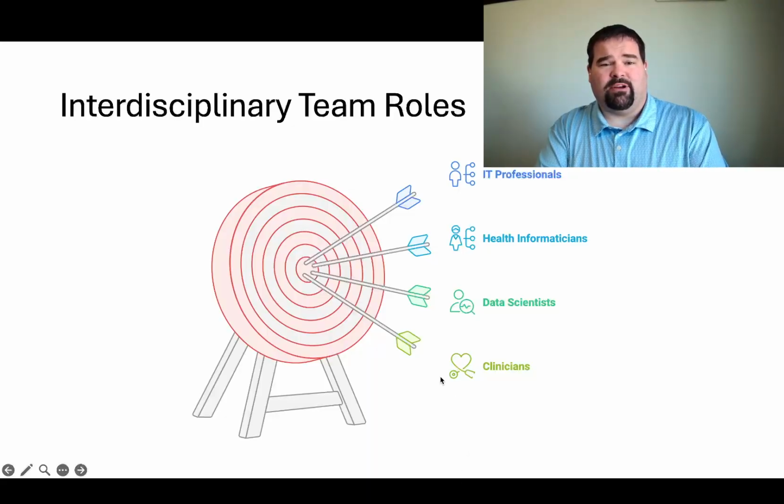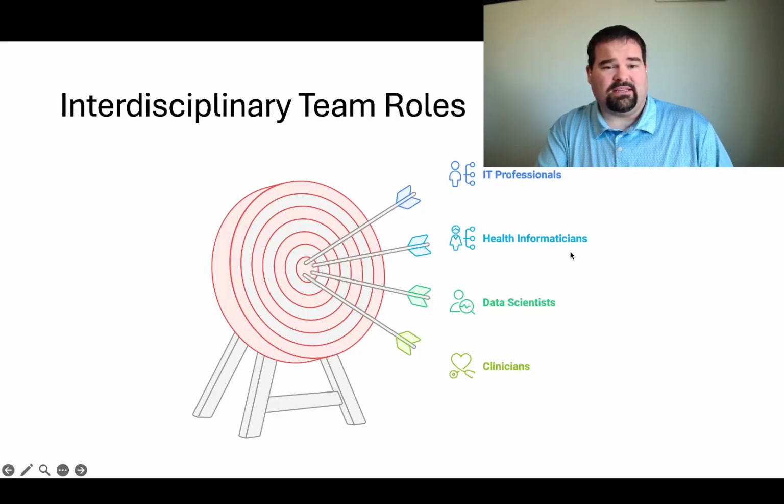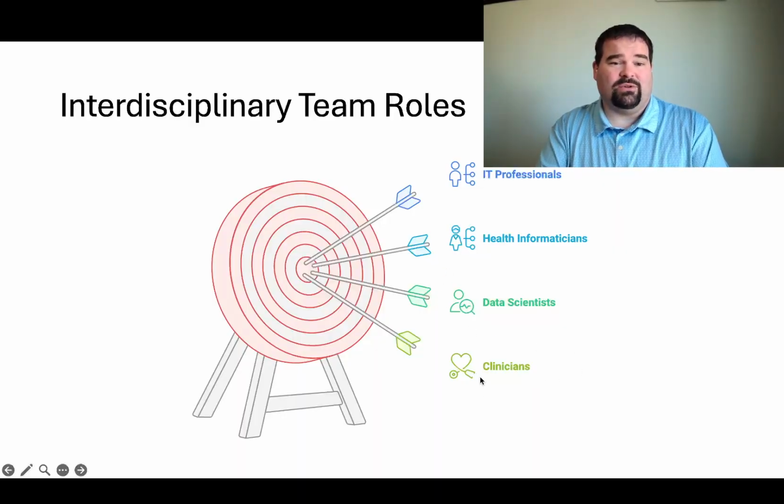So you might be bringing in an IT professional who knows how to do prompt engineering and knows how to do it very well. But you're still going to need to bring health informaticians to the table who might be able to speak to, here's how this process works, here's how we store this data, here's how we think about this data. Obviously, you'll need clinicians to speak to, here's the real world.